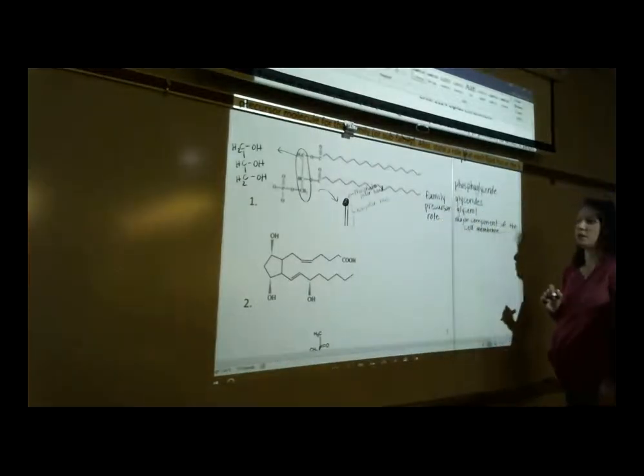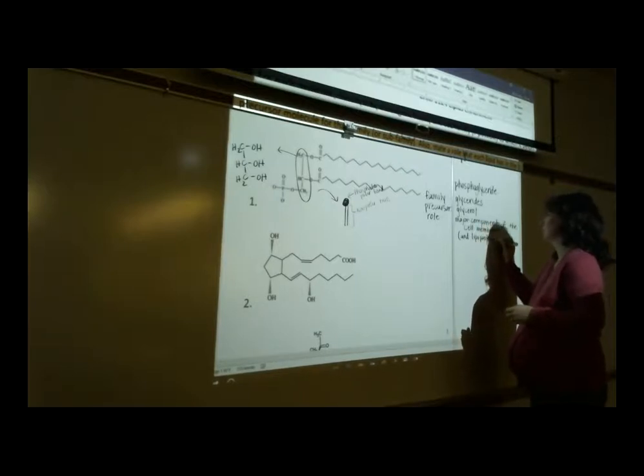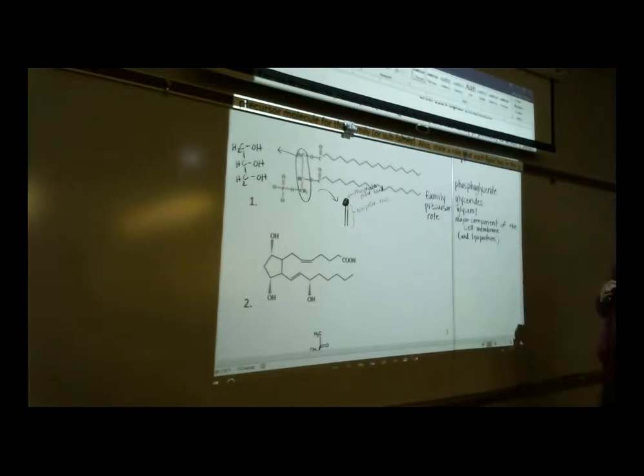That's the cartoon version that your textbook uses. So phosphoglycerides are a major component of the cell membrane. Also a major component of your complex lipids, and the lipoproteins. Do you remember now? Yes.